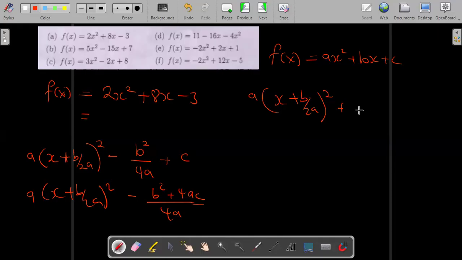So, like this. This here will be negative, because if I multiply that negative, I multiply positive, that would be negative.